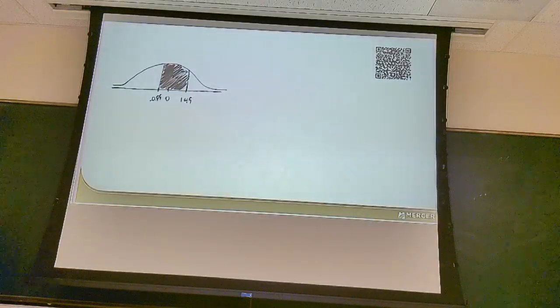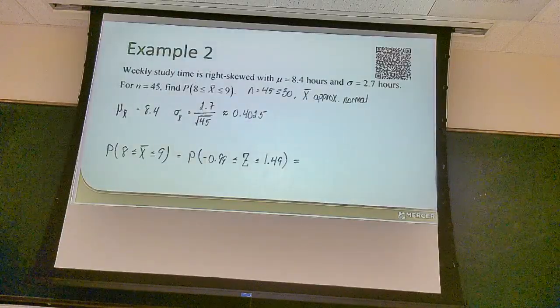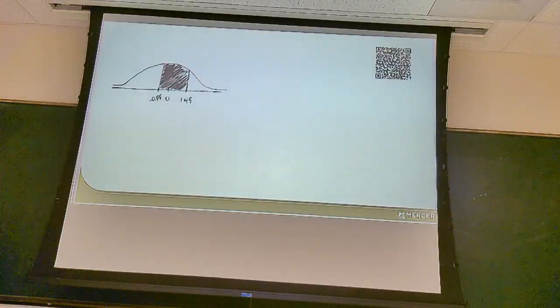How did we find probabilities between two values? What did we do?